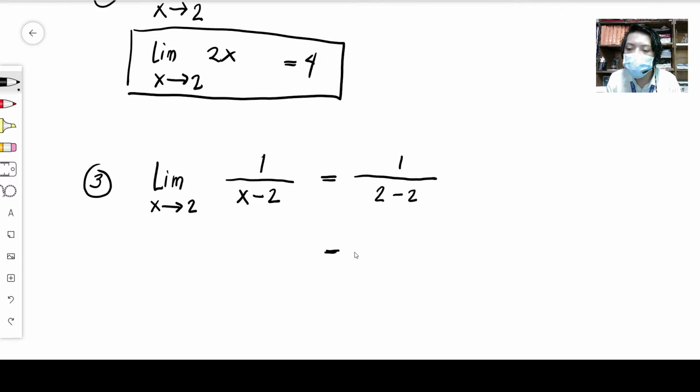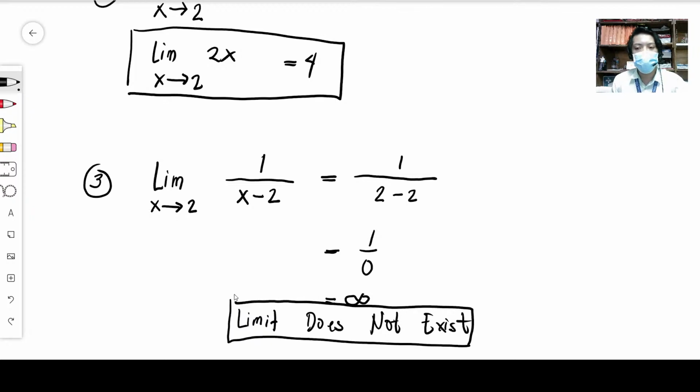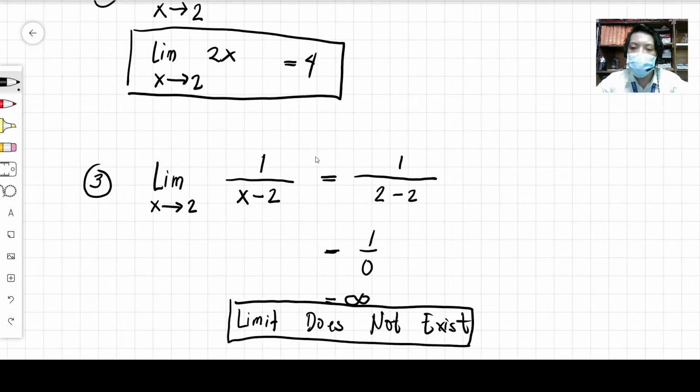So this will be equal to 1 over 0. Any number divided by 0 is undefined. So it is undefined, meaning the limit of that function does not exist. This is the answer. So that's how you solve for the limits.